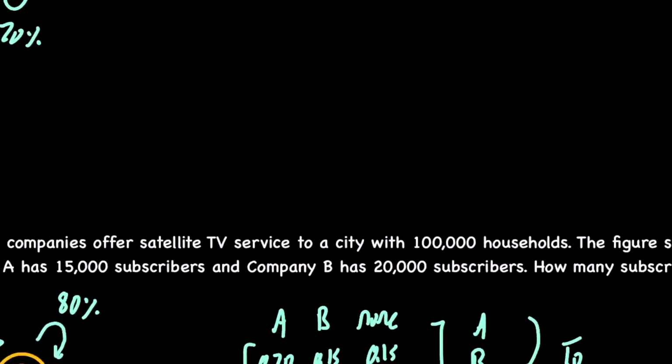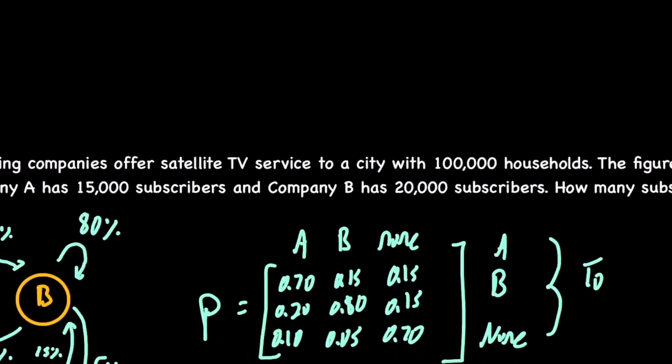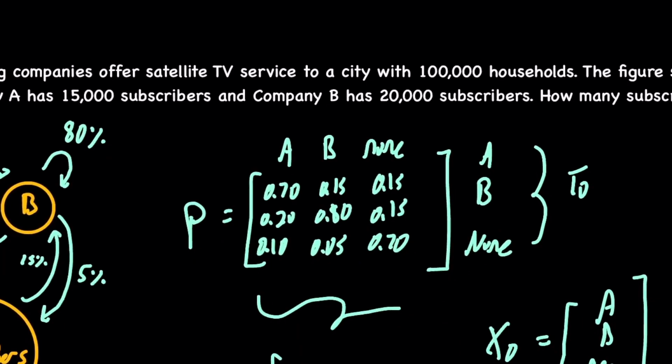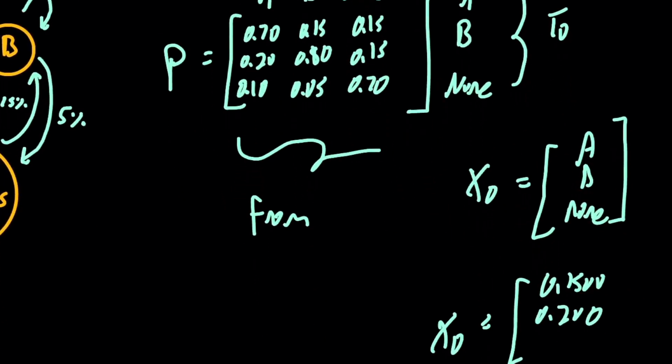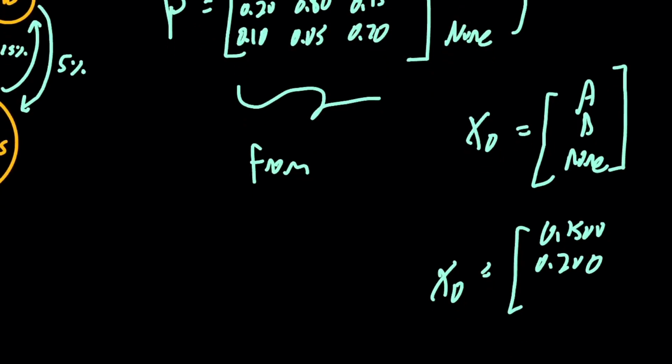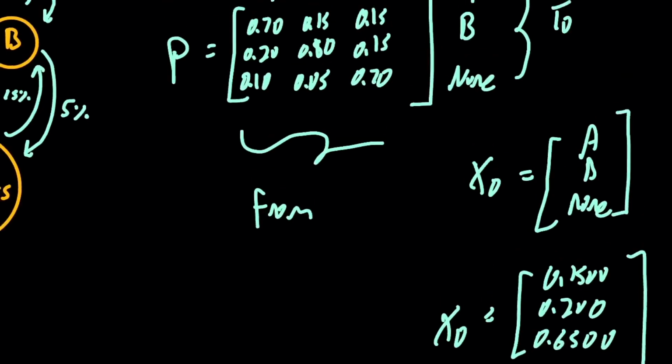Now we gotta remember the problem, there are 100,000 households. So with 35,000 households already subscribed to either company A or B, out of the 100,000 households, how many remain that do not have a satellite subscription? It's going to end up being 65,000. So we're going to convert that to a decimal, which is going to be 0.650, with a 0 for good measure.